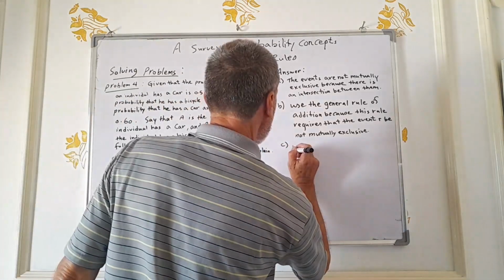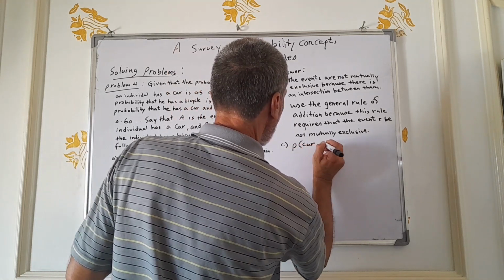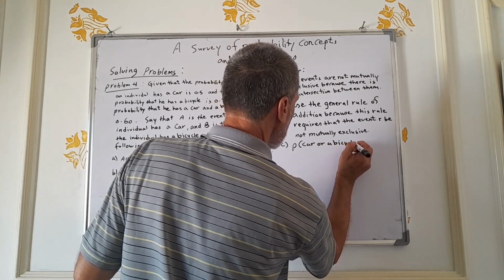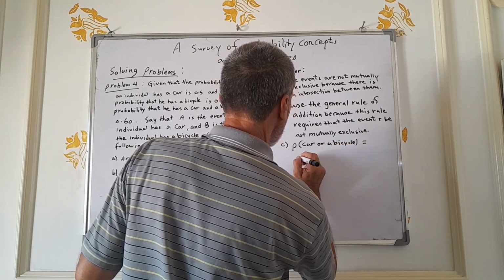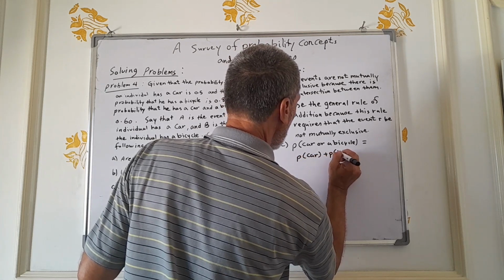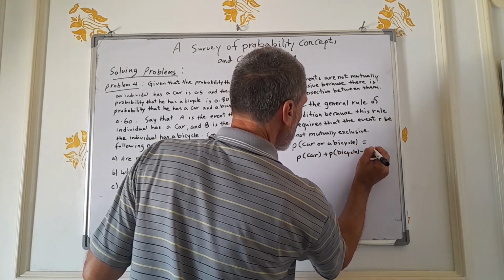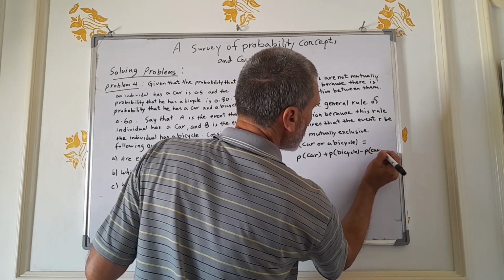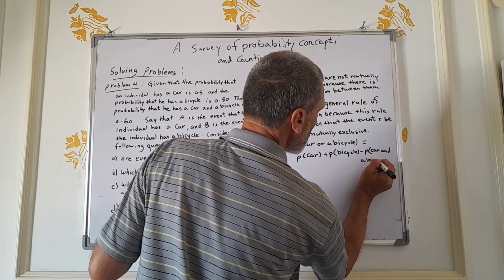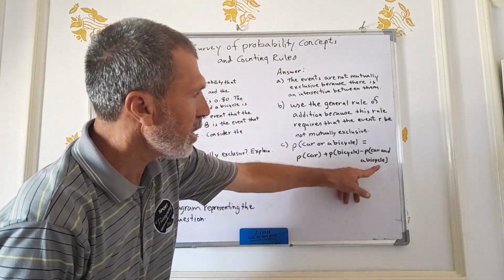So probability of a car or a bicycle is equal to probability of a car plus probability of a bicycle minus probability of a car and a bicycle.